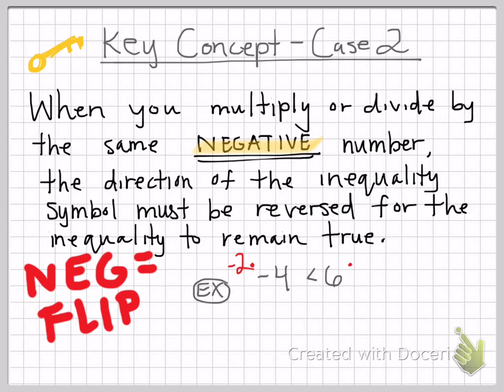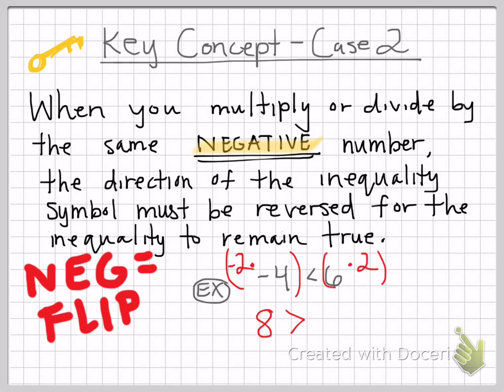And then whatever I do to that side, I must do to that side. Because it's a negative times a negative, it should be a positive 8. You need to flip it because I multiplied by a negative. So I'm going to flip.